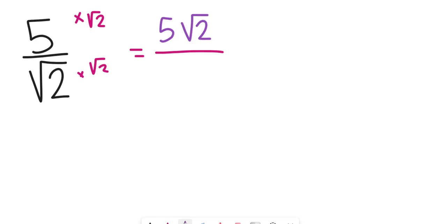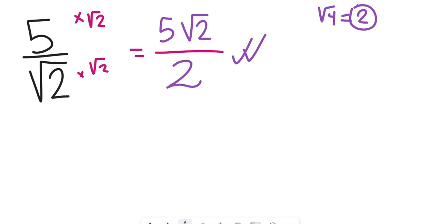What do we have in our denominator? Radical 2 multiplied by radical 2 is radical 4, right? But what is radical 4 equal to? It's equal to 2. That's how we get rid of the radical in the denominator.